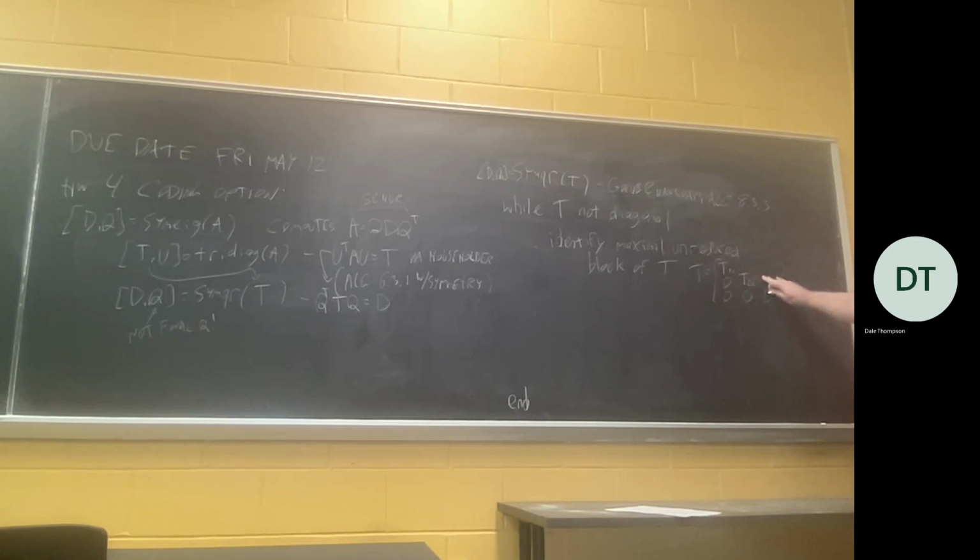Due to symmetry, everything else here would be 0. Initially, that would be the entire matrix, assuming that the subdiagonal is entirely non-zero.